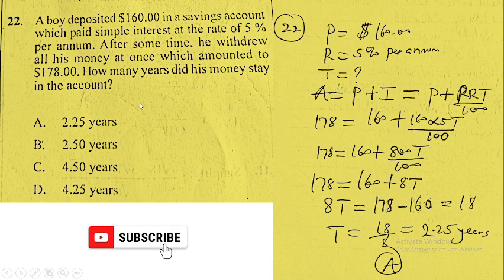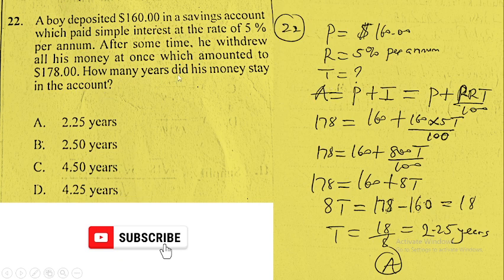Question number 22. A boy deposited $160 in a savings account which pays simple interest at the rate of 5% per annum. After some time, he withdrew all his money at once, which amounted to $178. How many years did his money stay in the account?